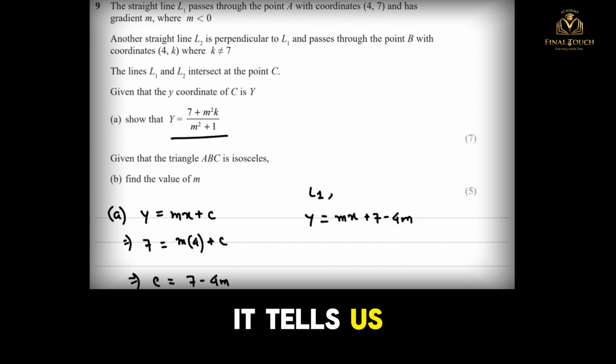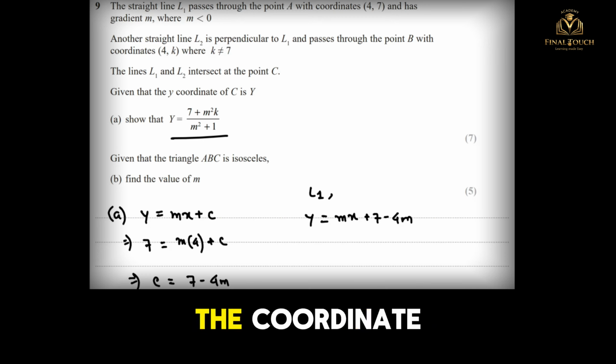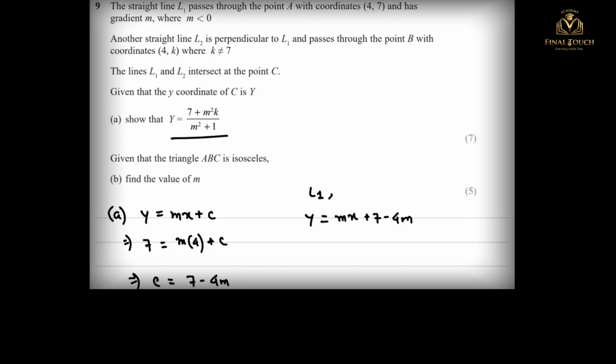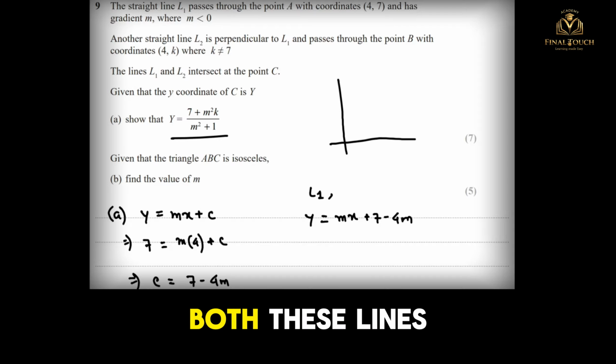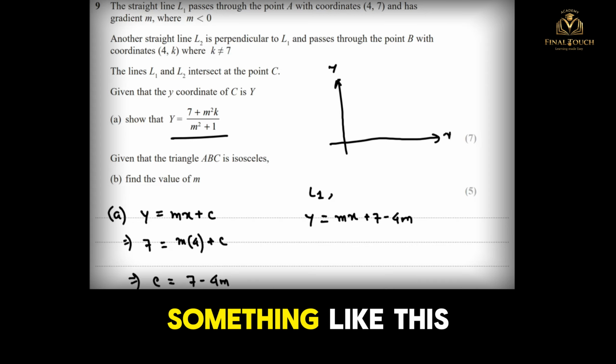Coming on to part B, it tells us, given that the triangle ABC is isosceles, find the value of m. So both these lines pass through the coordinates 4, 7 and 4, k. If we try to draw both these lines on a graph, it would be something like this.